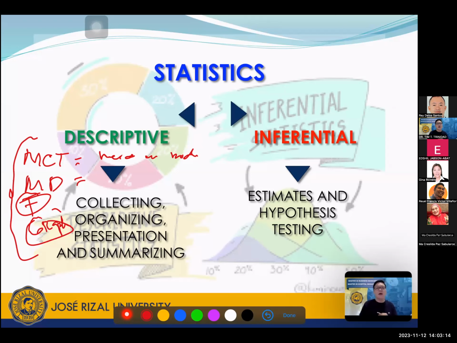I expect you to describe the mean, the median, the mode, etc. But when I start asking you about the scores and their relationship to other classes, or to other master's degree programs, then that's the time that you're going to describe your data in terms of inferential statistics. And the language that you'll be using to describe your data in inferential statistics is by giving estimates and hypothesis testing.